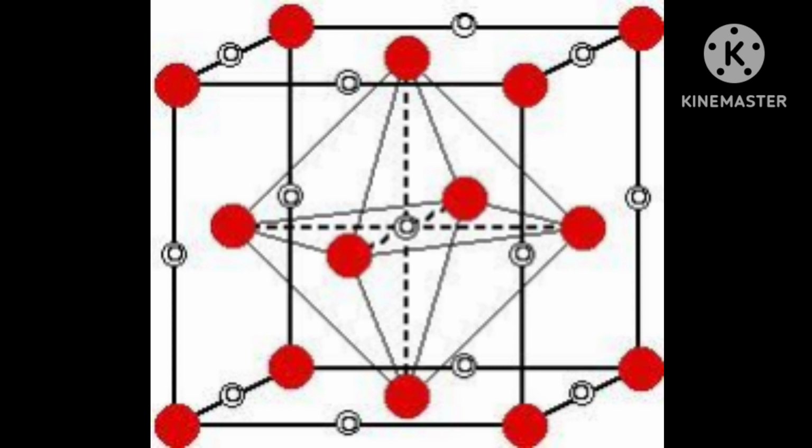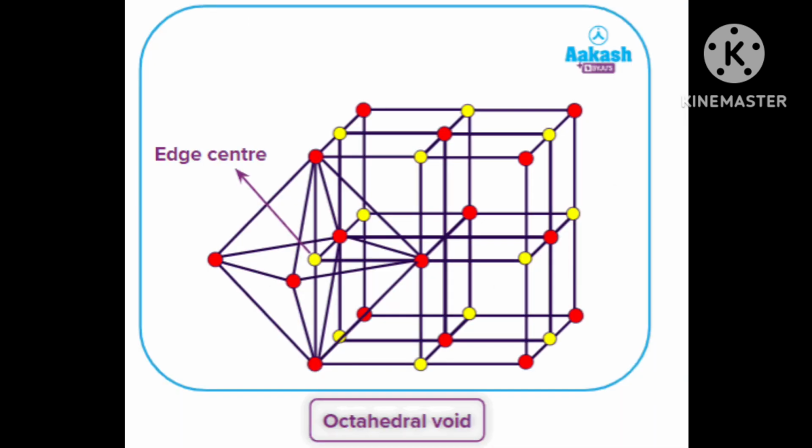And the second important point: since each edge of the cube is shared between 4 adjacent unit cells, so is the octahedral void located on it.